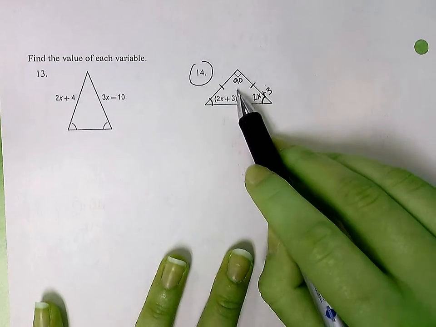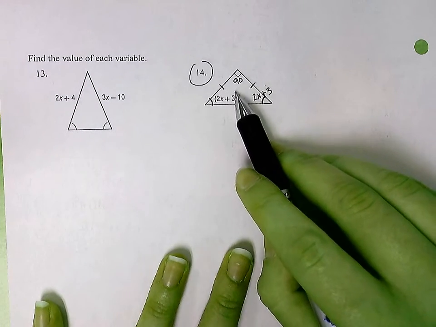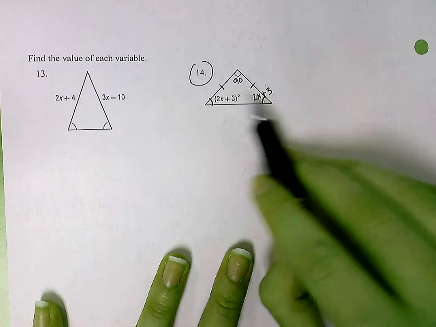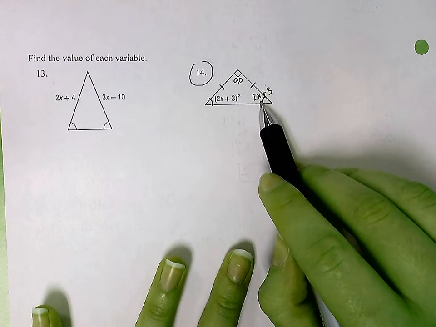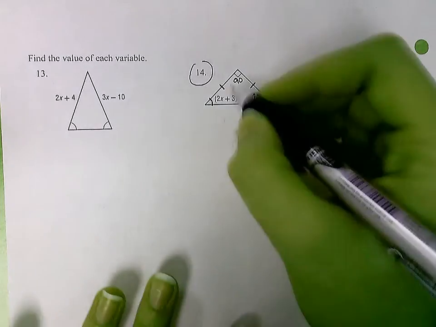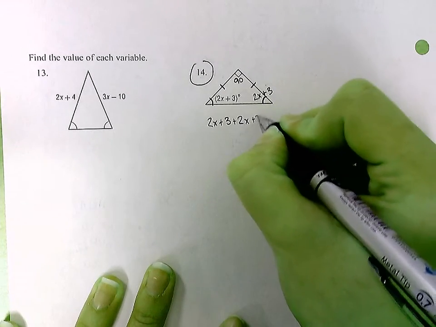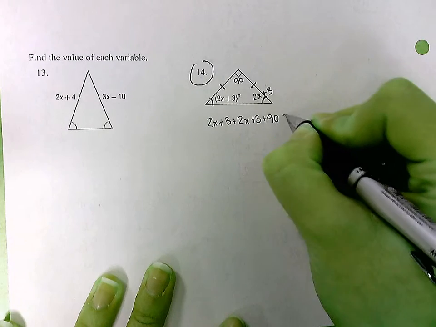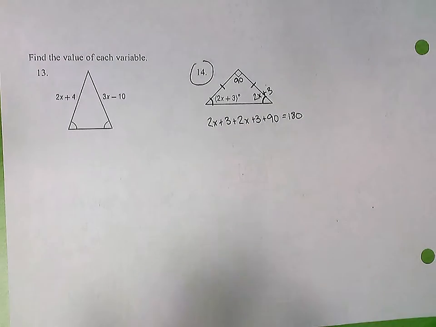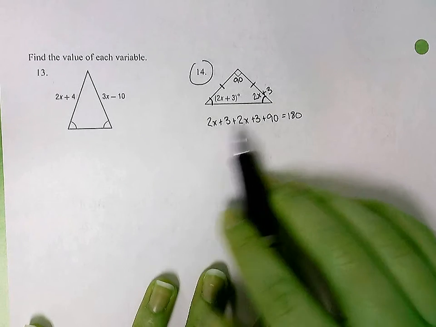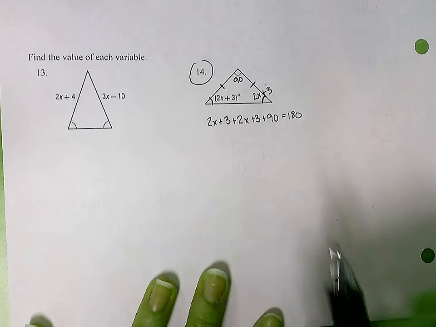Okay? So again, two different ways you could do this. First way, all three of your angles have to be 180. So you can add up all three of those and set it equal to 180. Okay? So this is one way. So I'll combine like terms. I have 2x and 2x.